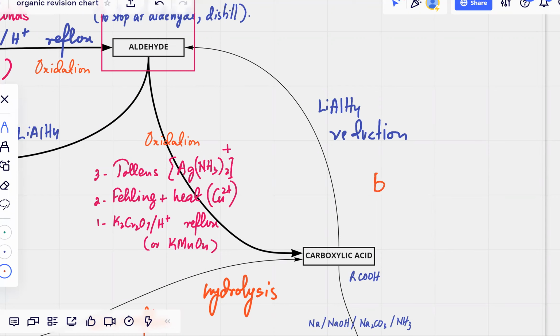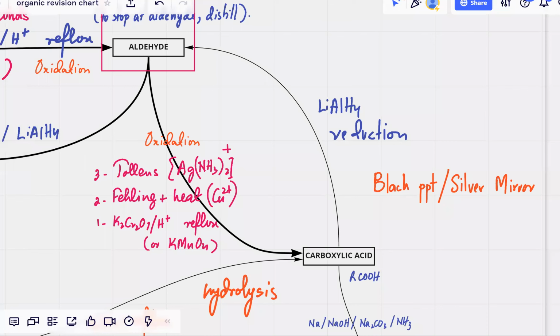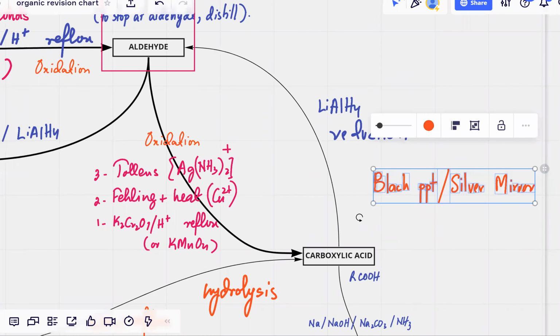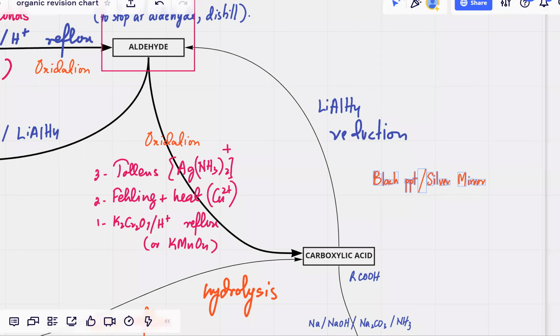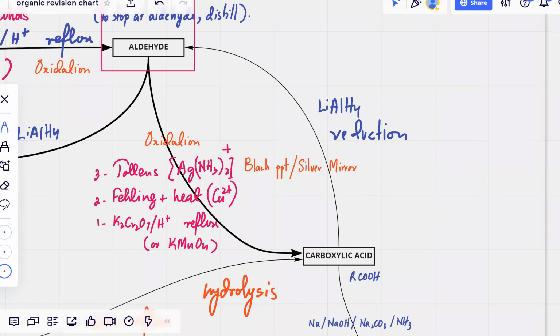You get a black precipitate and you get a silver mirror. So that is what you get for Tollens. For Fehling's, remember when an aldehyde gets oxidized to a carboxylic acid, Fehling's gives a brick red precipitate. So we should add that as well to the chart.